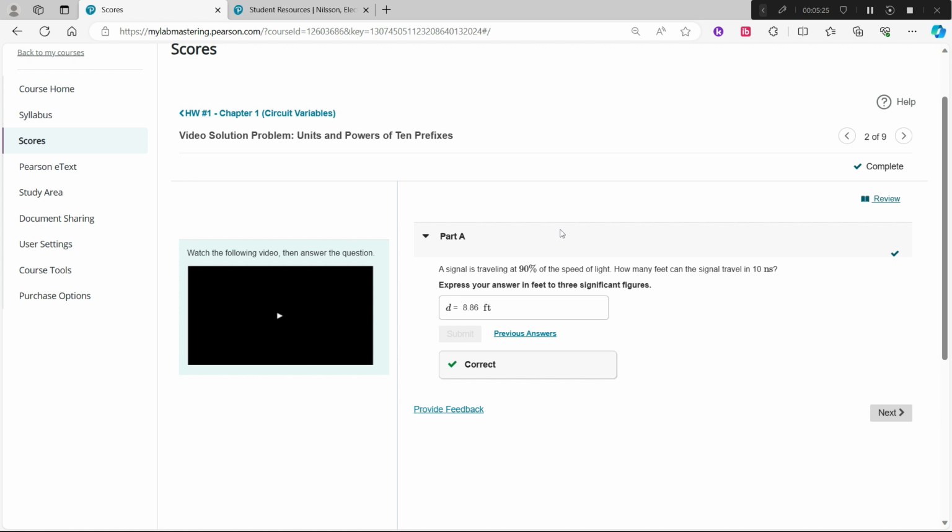So pull out your calculator: 299,792,458 times 0.9 times 10 times 10 raised to the negative ninth.